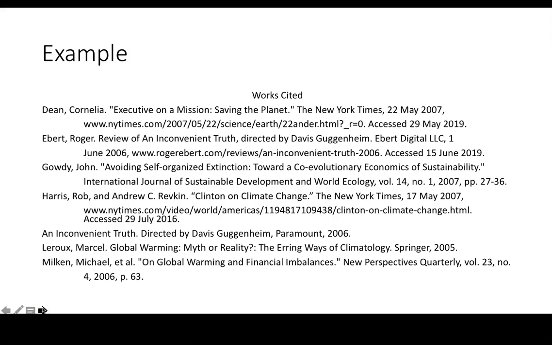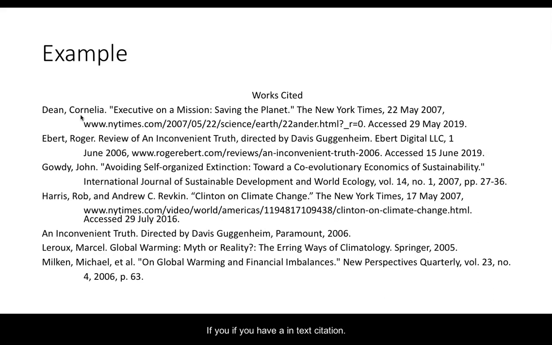Right? As you see, it's done alphabetically by author. If there is no author, or it is a movie, it's done this way. All right. The second line of each citation should be indented. And you should be able to create a clean list of everything that you have cited in the body of the essay.